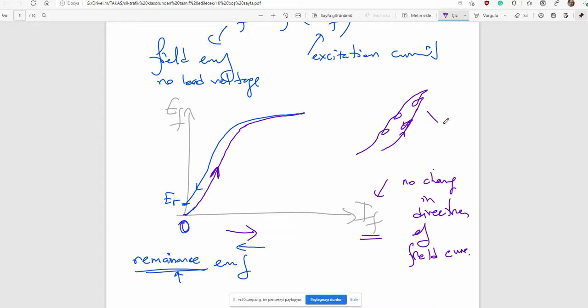So the data will be bad. If you are increasing, keep the direction. If you are decreasing, keep the direction.